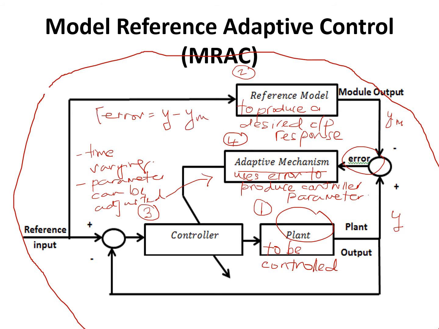So the adaptive mechanism will use the error between the reference model and the plant to produce the controller parameter. This is basically the structure of the MRAC and what MRAC is all about.